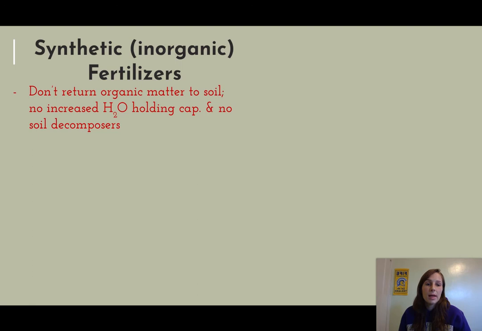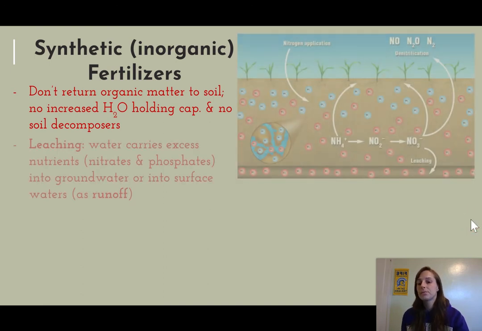Because if you remember, humus or a layer of compost on top leads to more water retention in the soil, and we're no longer getting that. So we have less water holding capacity, and we are not going to have soil decomposers, because if they don't have anything to decompose, they're not going to be there.